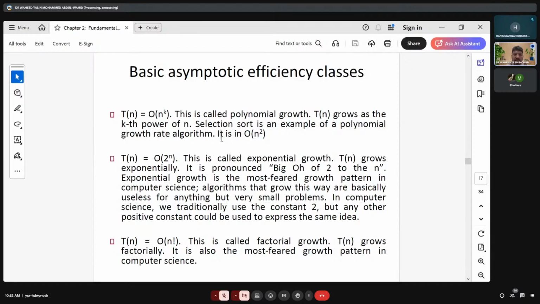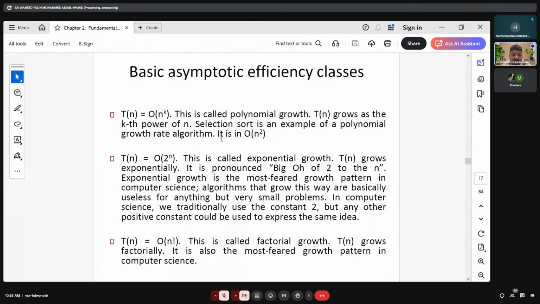T(n) equals O(2 power n) is called exponential growth. It is pronounced big O of 2 to the n. Exponential growth is the most feared growth pattern in computer science. Algorithms that grow this way are basically useless for anything but very small problems, because when we increase the problem size n, the time increases exponentially.